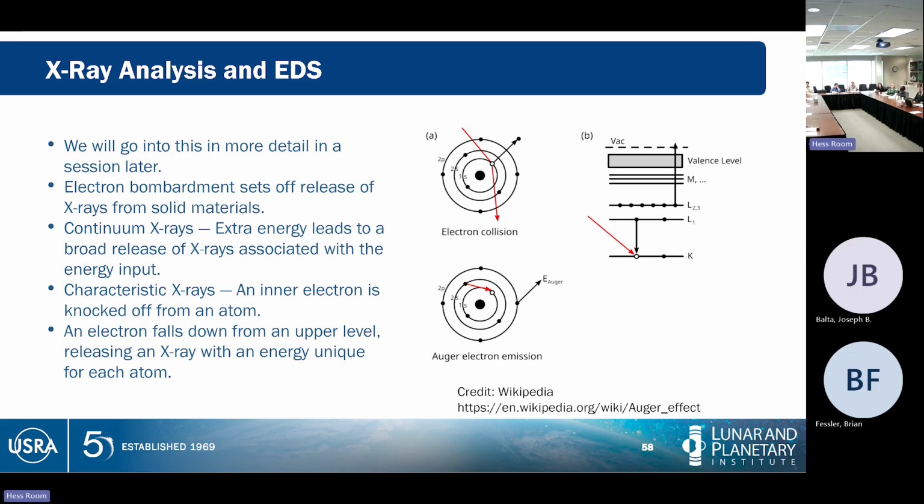We talked about secondary electrons, where we knocked off an outer electron. What happens if I knock off an inner electron? If I knock off an inner electron from an atom, an outer electron will fall down to take its place. When that happens, it releases an X-ray. Dropping an electron down several energy levels releases an X-ray.